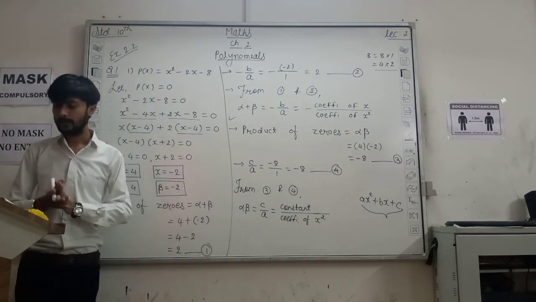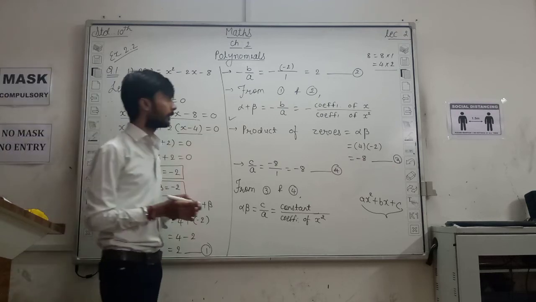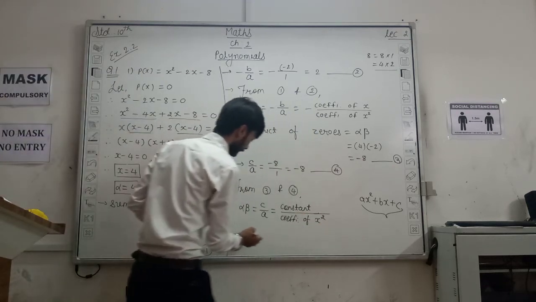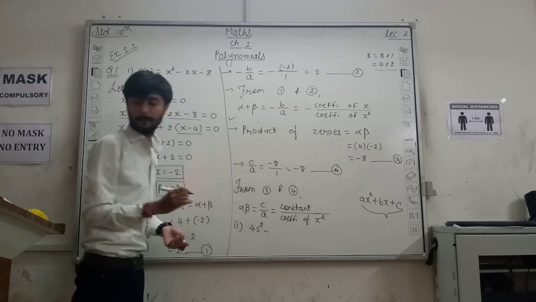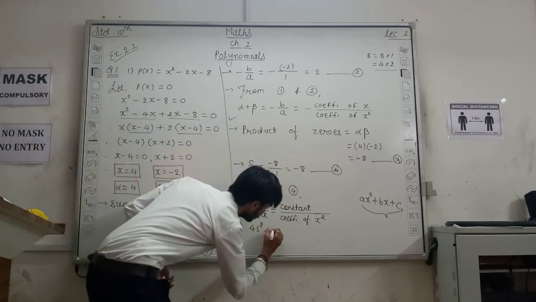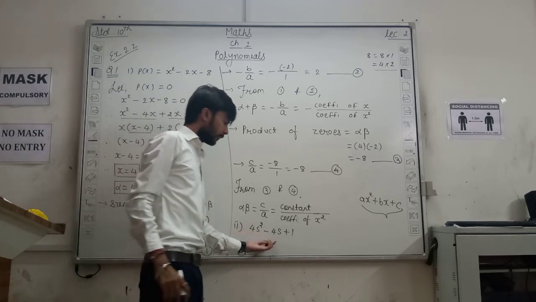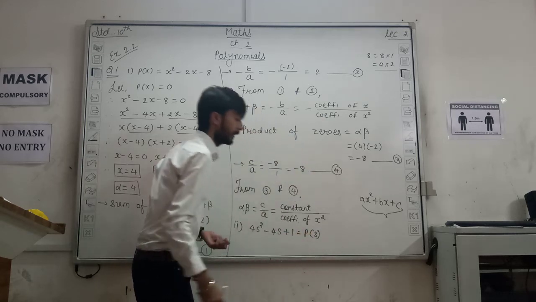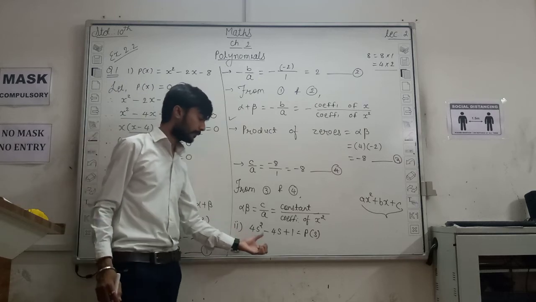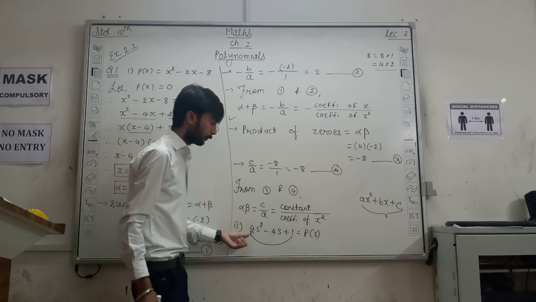Now similarly the second one, 4s square minus 4s plus 1. This is a quadratic polynomial in terms of s, so take p of s, where the variable is s. Multiply 1 by 4, so 4 ones are 4.